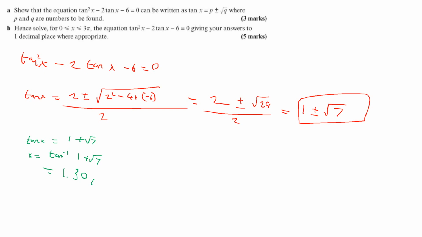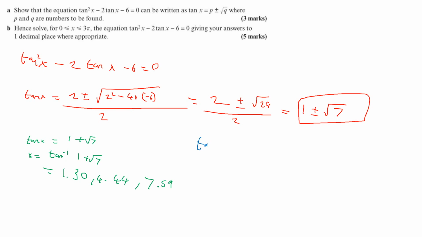So when we do that, we get 4.44, and if we add another pi, we get 7.59. If we add another pi, then it will be more than 3 pi. So those are our final answers for that one.